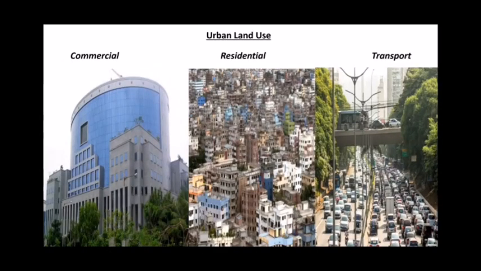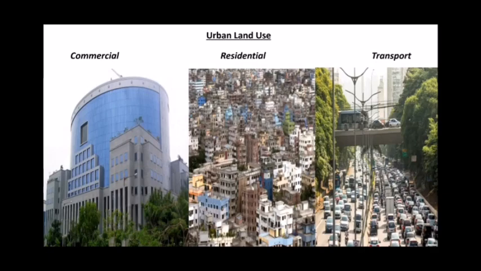Now, children, next is the urban land use. Even in the urban land use, there are various uses in the cities or the urban areas. As you know, industrialization has come in, because of which there has been an increase in urban settlements in the 20th century.